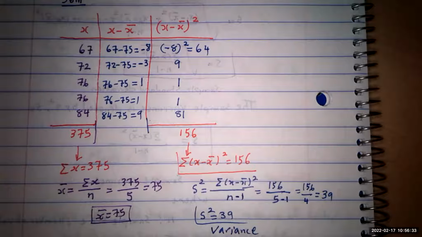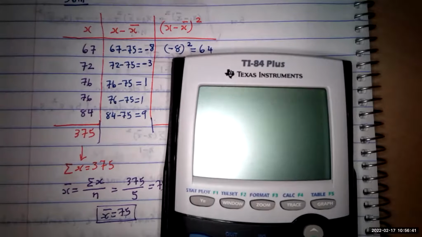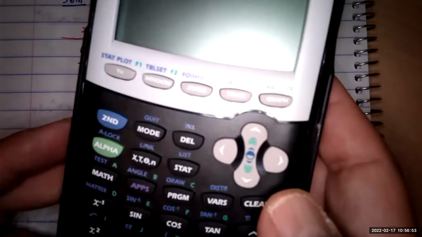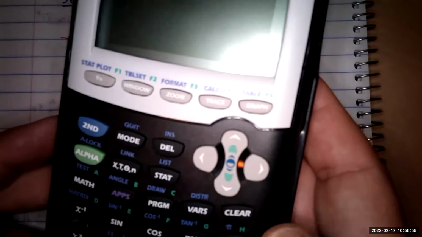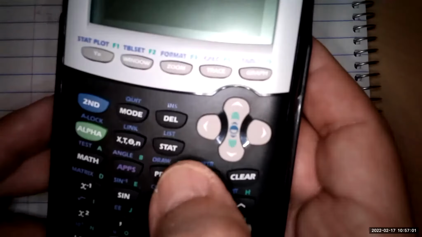For the TI-84, you have to go with something else. You see that's a TI-84. In the TI-84, you have to go for the list. I think that's the statistics in the TI. Let's see if I'm right. I haven't worked with this one for a while, but you see that's the statistics that we have.